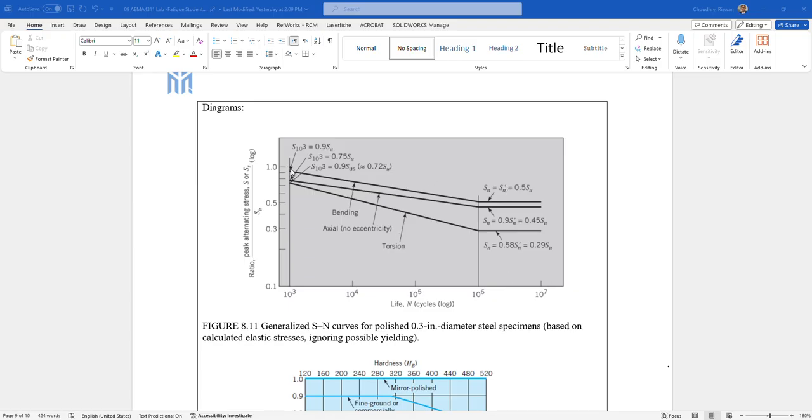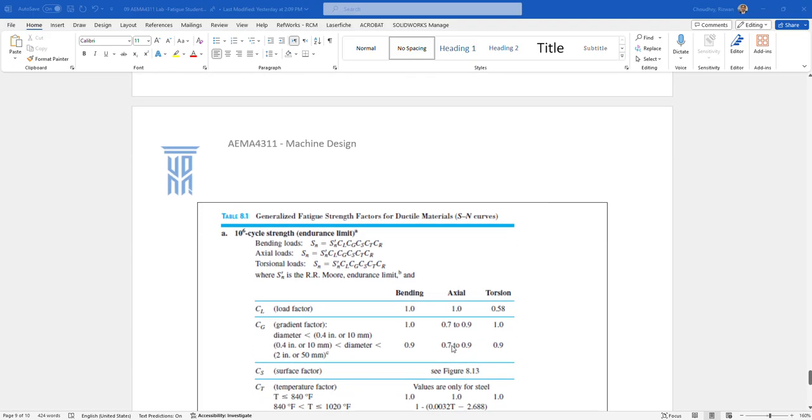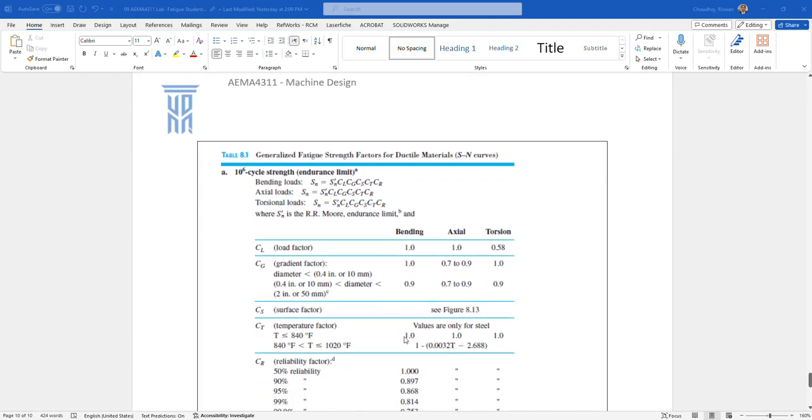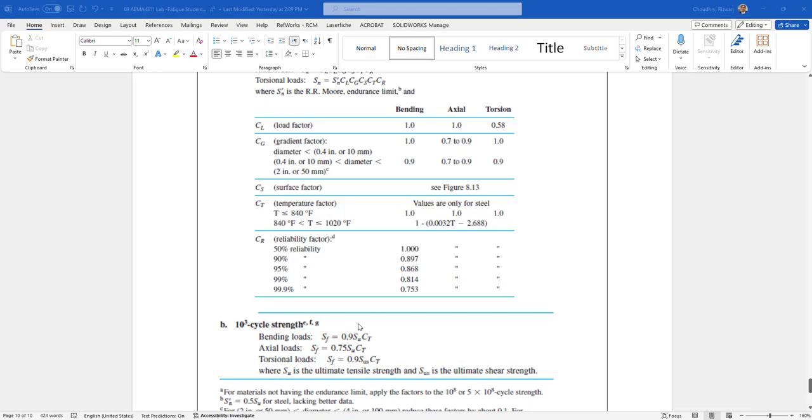You can see in this graph that we took the 10 to the power 3 cycle strength as 0.9 SU for the bending case, which is this top line. Then the endurance limit was taken as 0.5 SU, and of course this needs to be multiplied by the factor K, the correction factor, which is a multiplication of CL, CG, CS, CT, and CR.